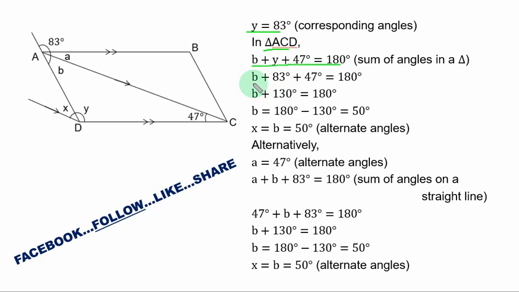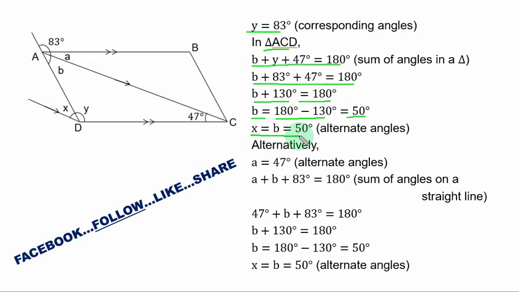If you replace y with 83 degrees, you have this result, and b plus 130 equal to 180 degrees. If you make b stand alone, you have 180 degrees minus 130 degrees, and that is 50 degrees. It follows that s is equal to b, and that is 50 degrees.